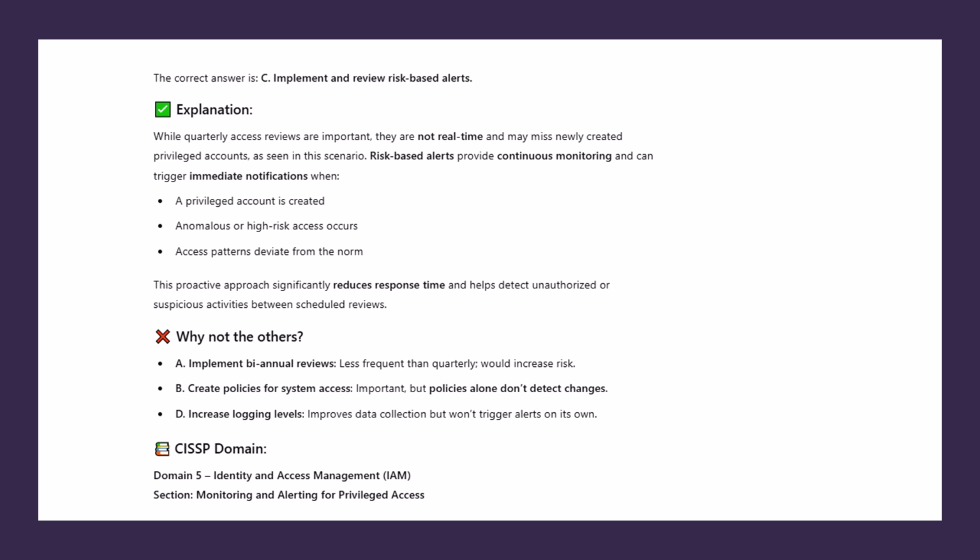Risk-based alerts provide continuous monitoring and can trigger immediate notifications when one, a privileged account is created, two, anomalous or high-risk access occurs, and three, access patterns deviate from the norm. This proactive approach significantly reduces response time and helps detect unauthorized or suspicious activities between scheduled reviews.